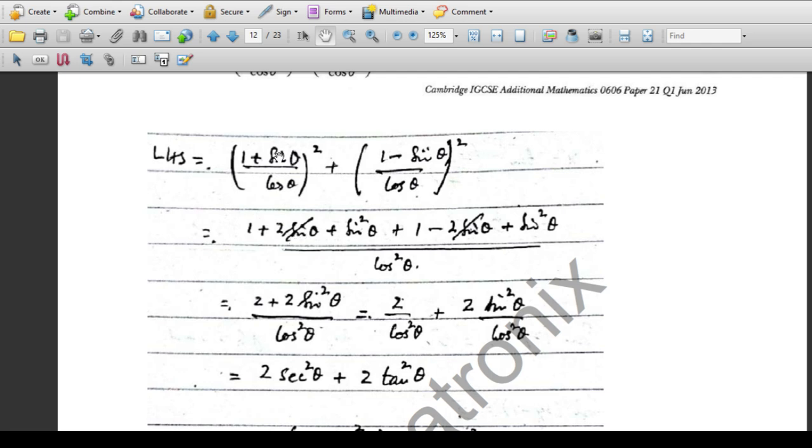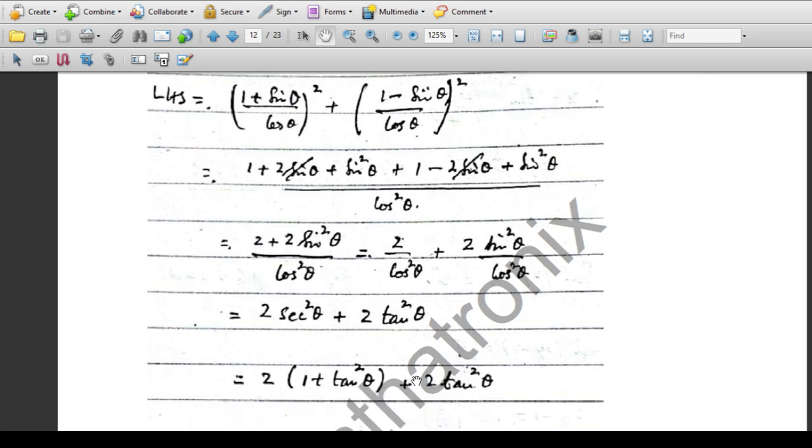Now we have 2 sine theta and minus 2 sine theta, so they can be eliminated. So this is 1 plus 1, 2, and 2 sine square theta. So we can write this as 2 upon cos square theta plus 2 sine square theta upon cos square theta. So this is 2 sec square theta plus 2 tangent square theta.